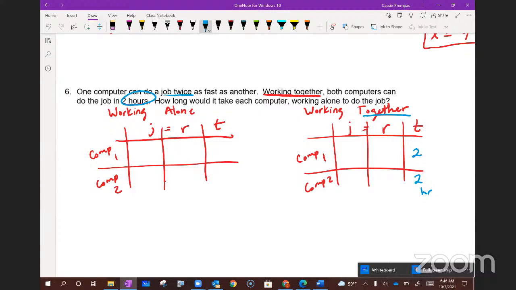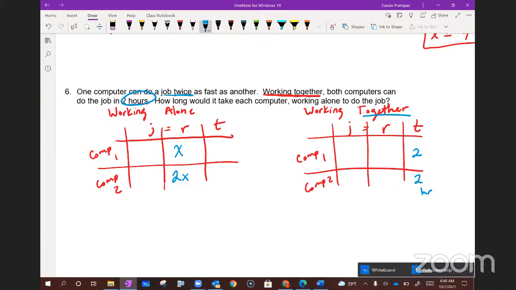I don't know the rate, but I do know that one is twice as fast. So if I'm looking at the rate of computer 1, if I called it, for example, X, computer 2 would be going twice as fast. So let's say he's going 30 miles per hour, he's going 60 miles per hour, just twice as fast.